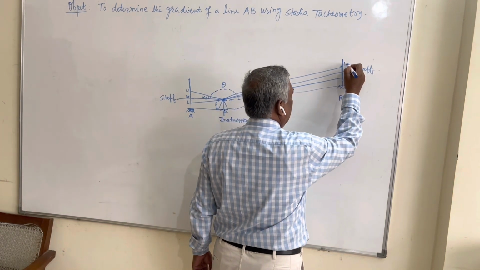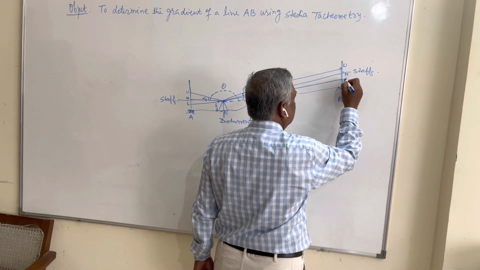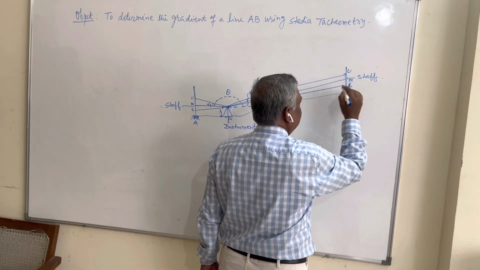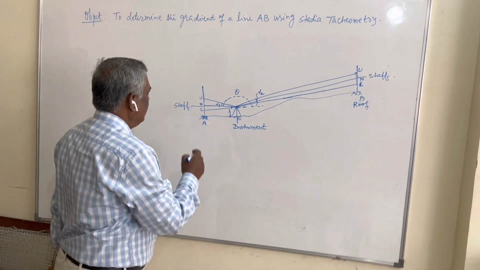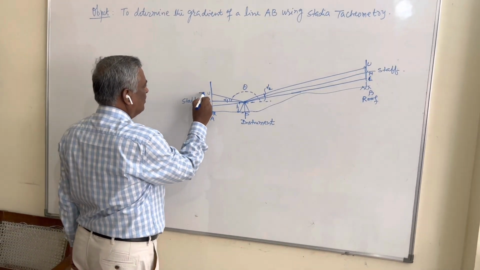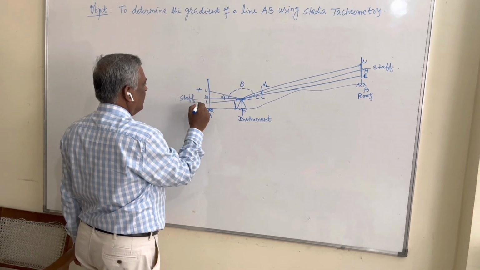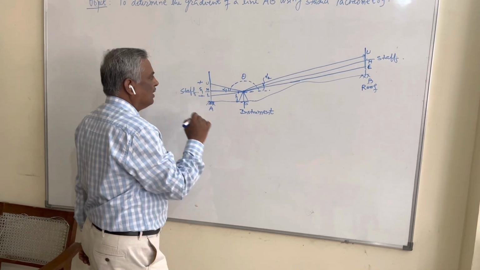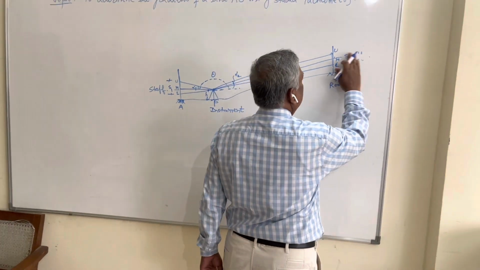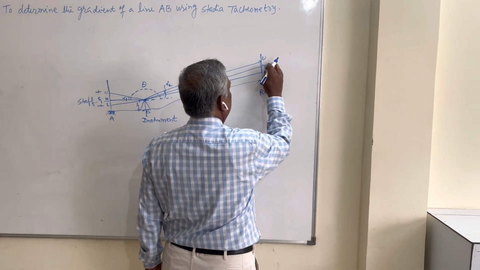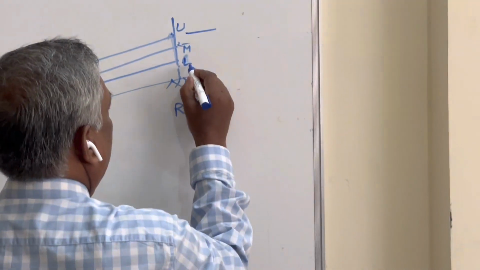This is the upper, this is the middle, and this is the lower. So here the upper wire minus lower wire reading is called a staff intercept S1, and here the upper wire reading and the lower wire reading.